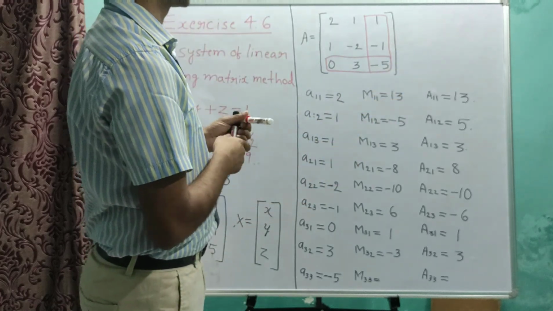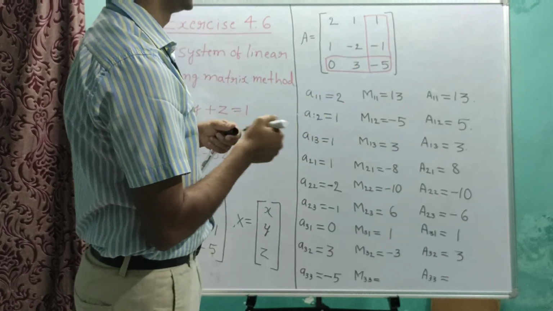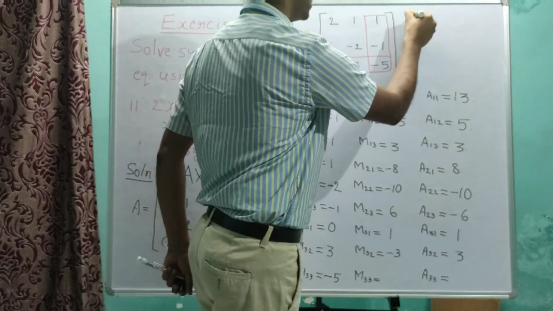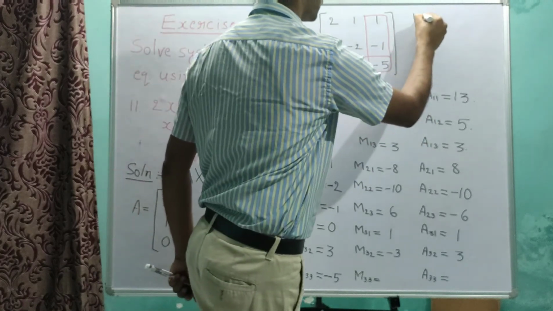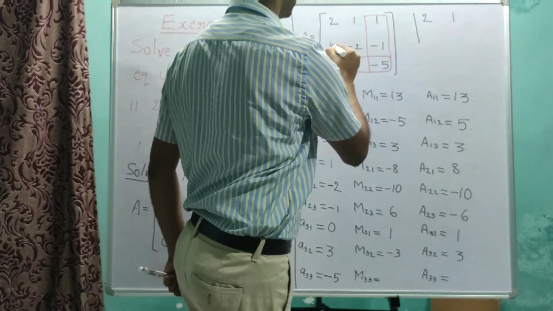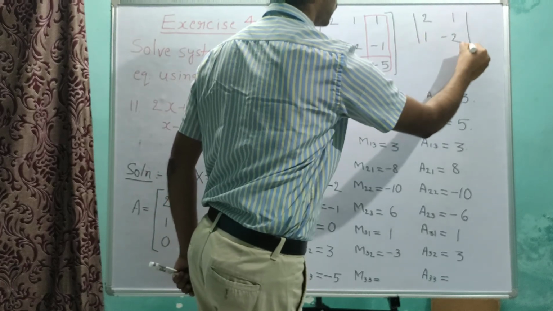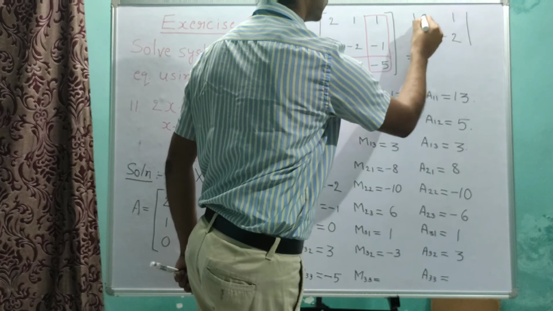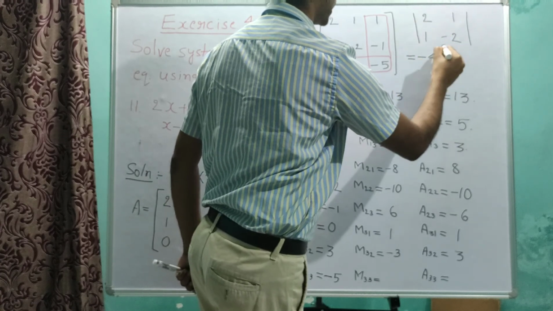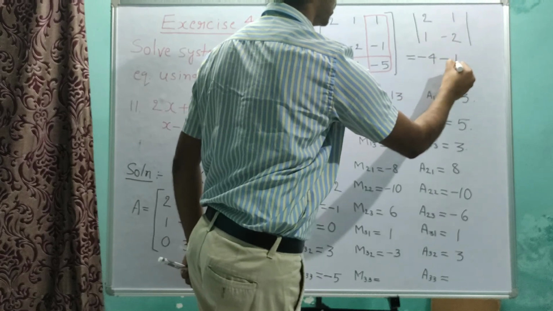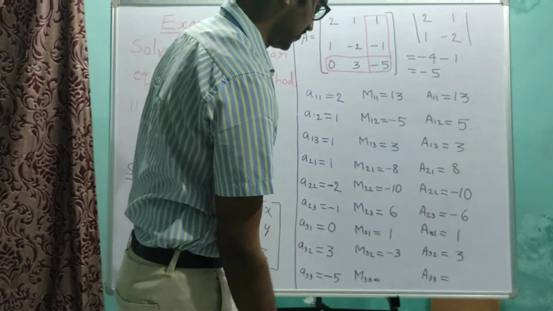So if you exclude the elements of the third row and third column, and take the determinant of the remaining elements, that is 2, 1, 1, minus 2, that is equal to 2 into minus 2 becomes minus 4, minus 1 into 1 is 1, that is equal to minus 5.